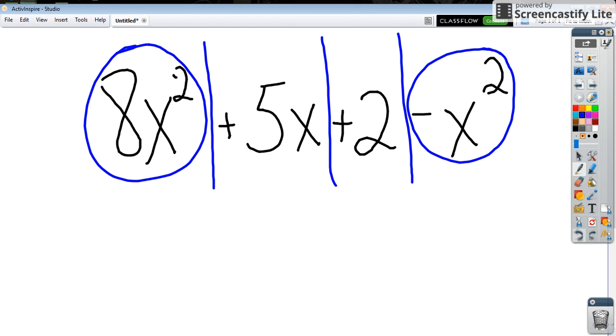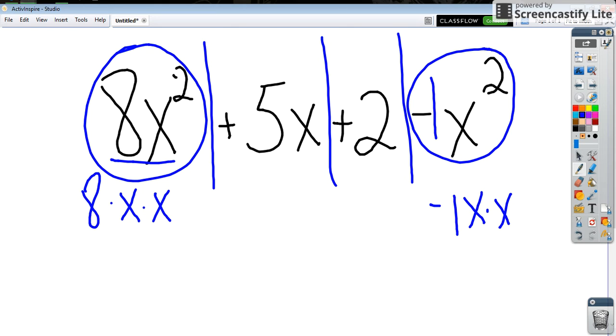But no, they're not, because remember, x squared means x times x. And actually, there are 8 of those x times x's right here. Over here, we have a negative x times x, or x squared, and there's only one. Over here is just one of those x times x's, okay?